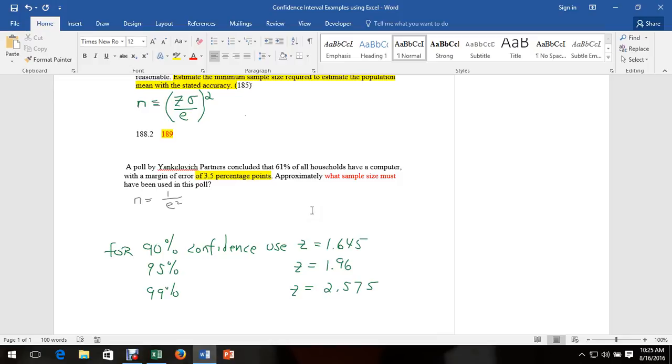I think it's 816.3. But remember, you change that to 817. Always round up to the next whole number whenever you're finding minimum sample size.